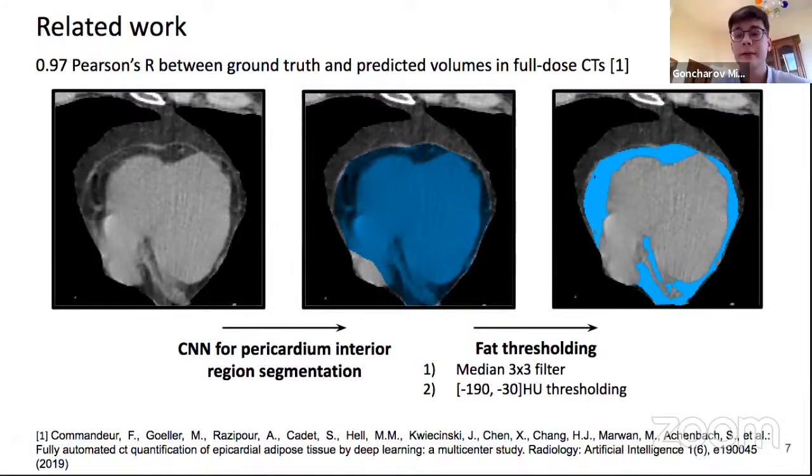And this method showed excellent correlation of 97% between ground truth and predicted volumes in full dose CT images. So we treat this method as a gold standard for full dose CT images, and our experiments are aimed to adapt this approach to low dose CT images.